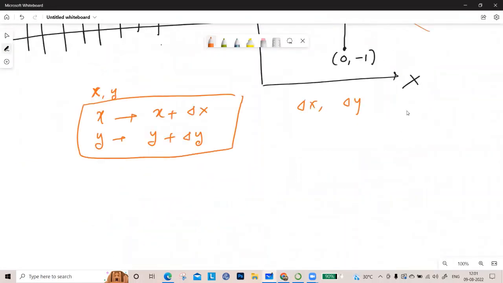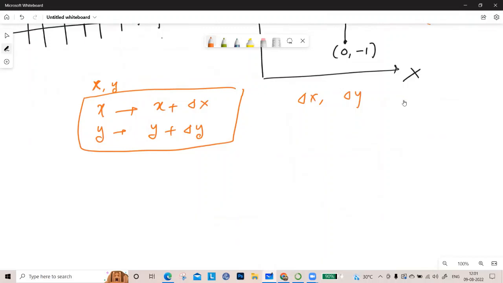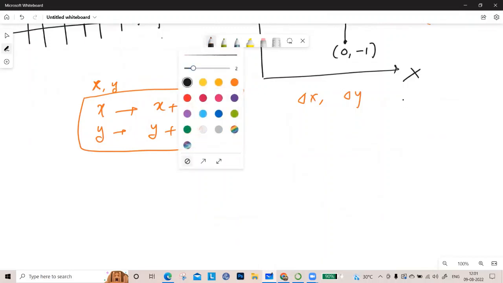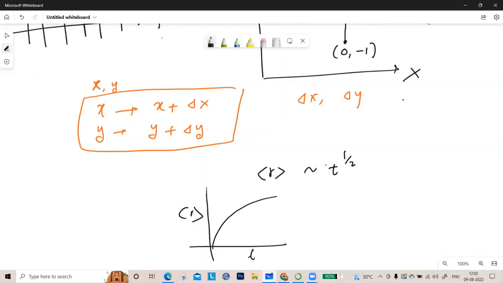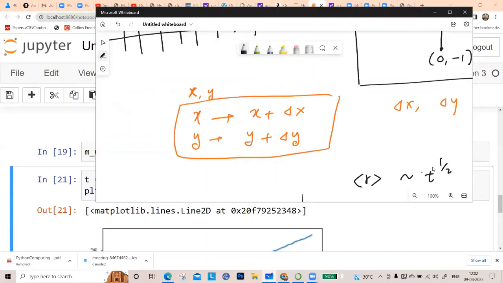If r is the mean position, it goes as t to the power half in 1D and 2D. So if we plot r and t, it should be like this. Okay, t to the power half. The best way to check this is to take log and find out whether this exponent is half or not.